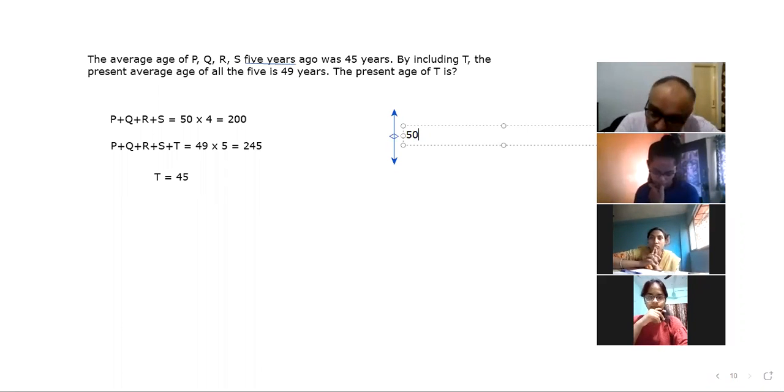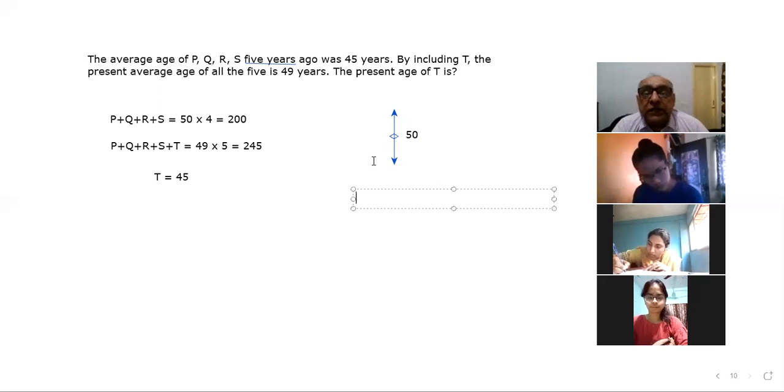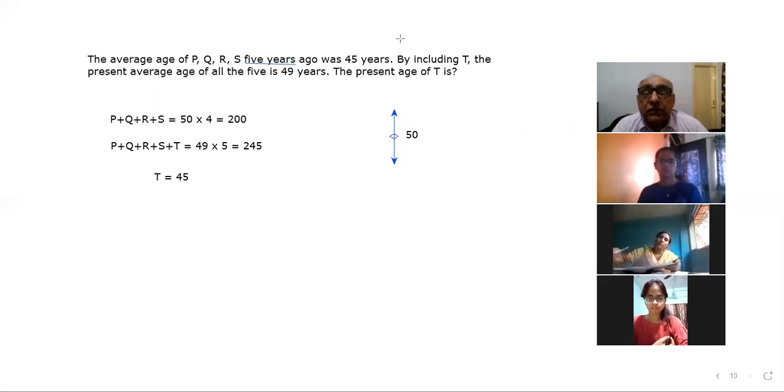But after T joined, the average became 49, which means per person 1 year of age has decreased. So it means 50 minus 5, that is equal to 45, is the age of T. Due to this, the per person average age has decreased.